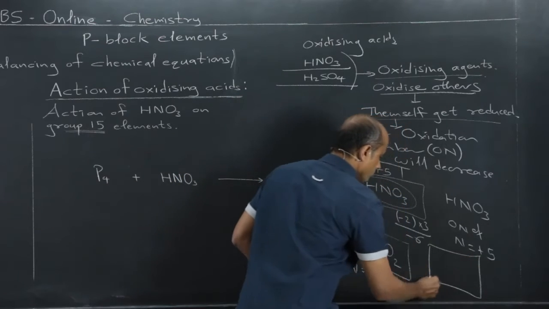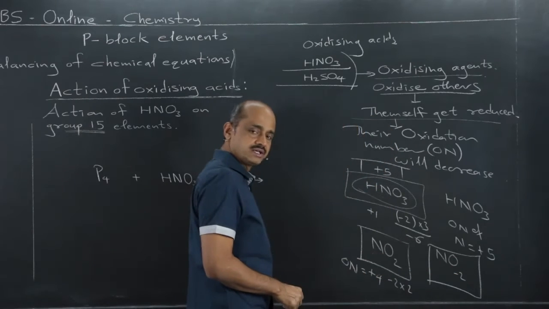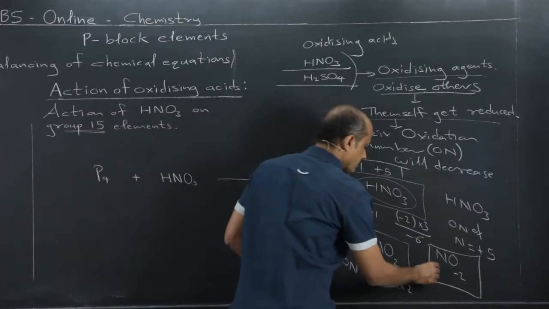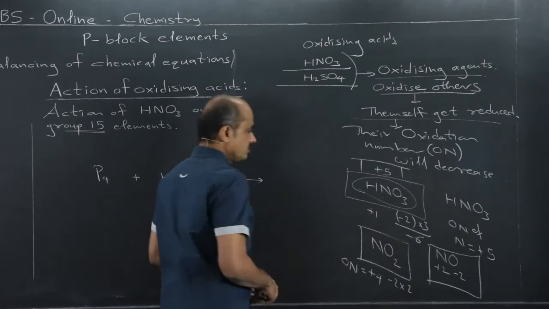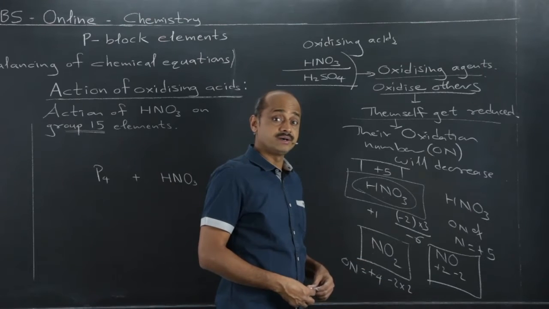In NO, one oxygen atom is present, it carries -2 charge, therefore nitrogen is +2. There are some other oxides of nitrogen or compounds of nitrogen.